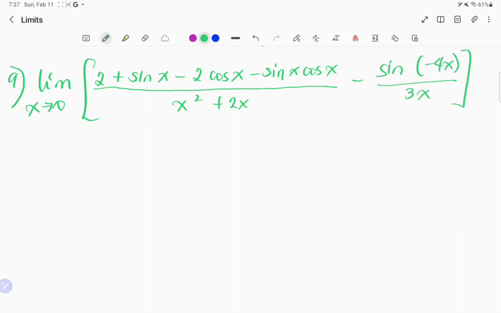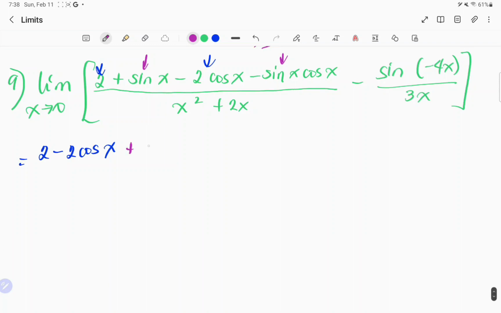So let's start. I believe it is better to regroup first the numerator of the first term. I can see 2 here and 2 here, so I am going to write them following the other one. So we have 2 minus 2 cosine x. And then I have my sine here and sine. It is a common factor between these two terms.